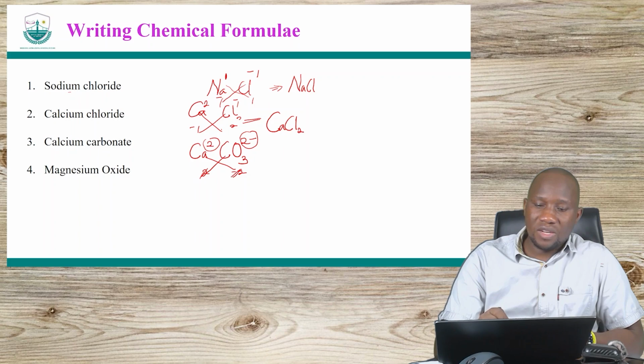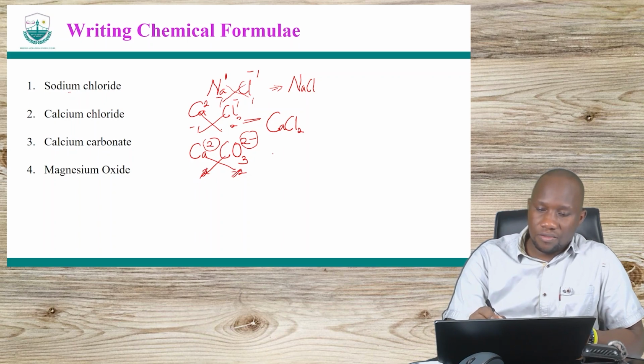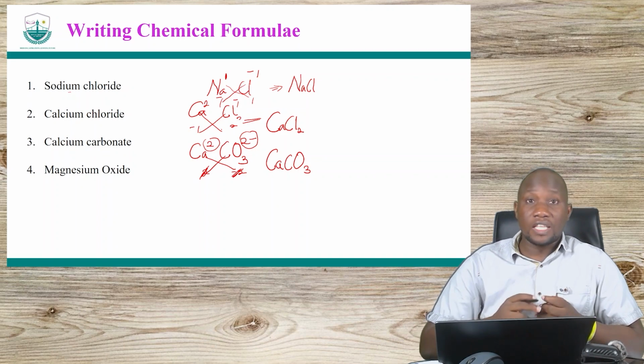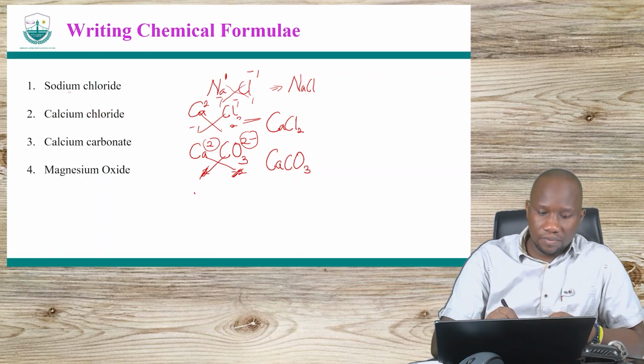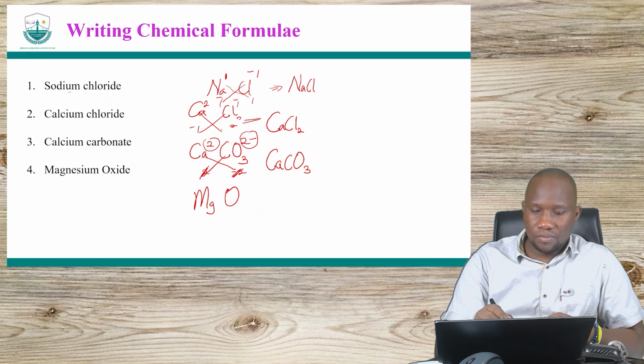Okay, so these ones actually balance out. So you have calcium carbonate like that. This cancels with that. The same thing with magnesium. So you have magnesium, and then you have the oxide.